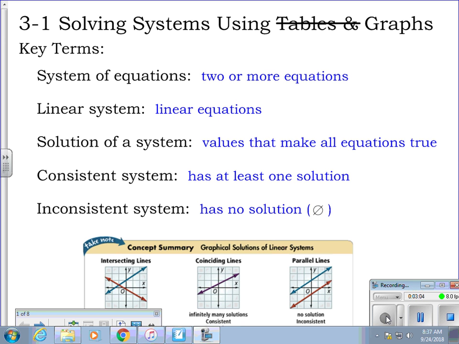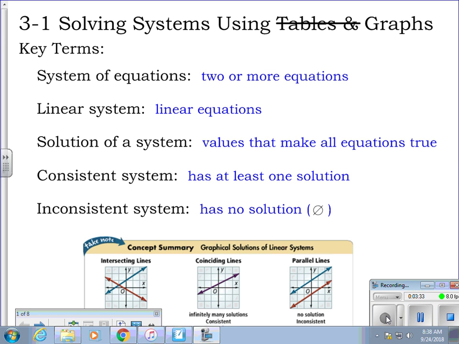What makes them linear is each variable has no exponent, no root, no nothing. It's just x, y, z, nothing other than how many of those we have. Minus 2x plus 3y plus 4z equals 5. As long as there's no powers or anything, it's a linear equation. And you can have 5 or 6 or 7 or 8 variables with linear equations. You can't graph them, but they are still considered linear equations.